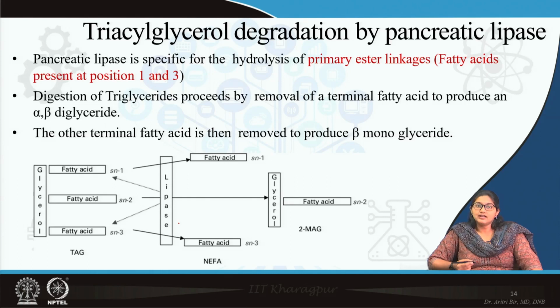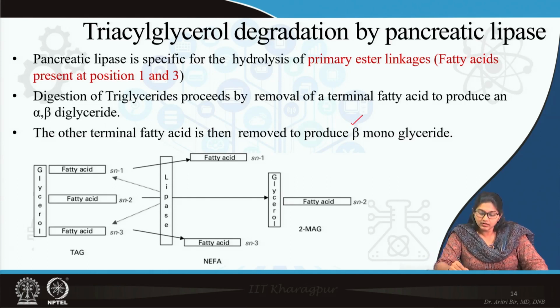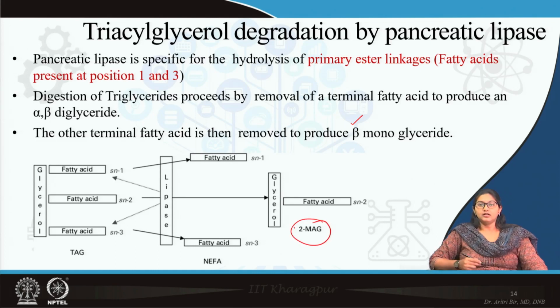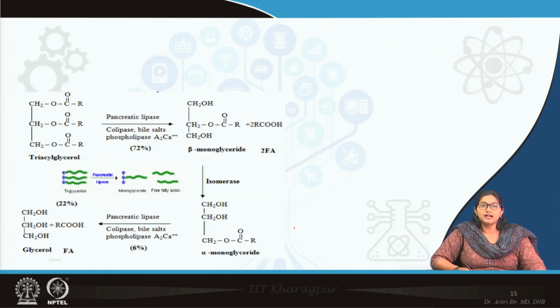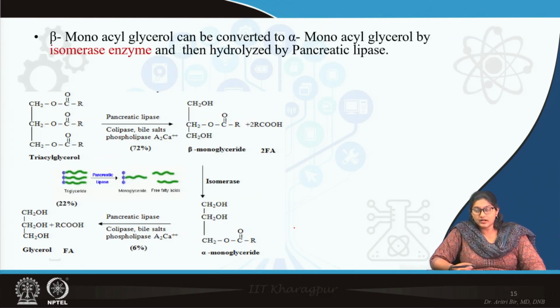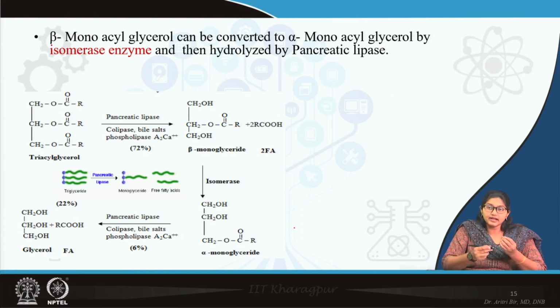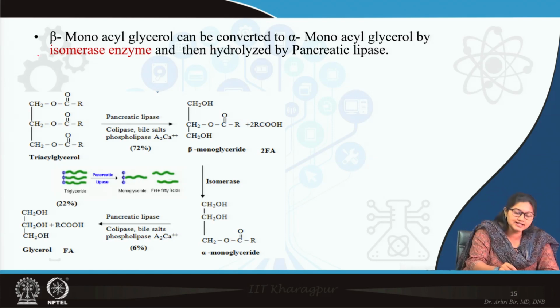Then once again this diglyceride is broken down to release another fatty acid, which gives beta monoglyceride. So, finally what we are having is a fatty acid attached to glycerol by a secondary ester bond, that is, monoglyceride, where pancreatic lipase cannot act. So, what will be the effect? There is a residual secondary ester bond. What we need is conversion of the secondary ester bond to a primary one, and that is done by the enzyme isomerase.